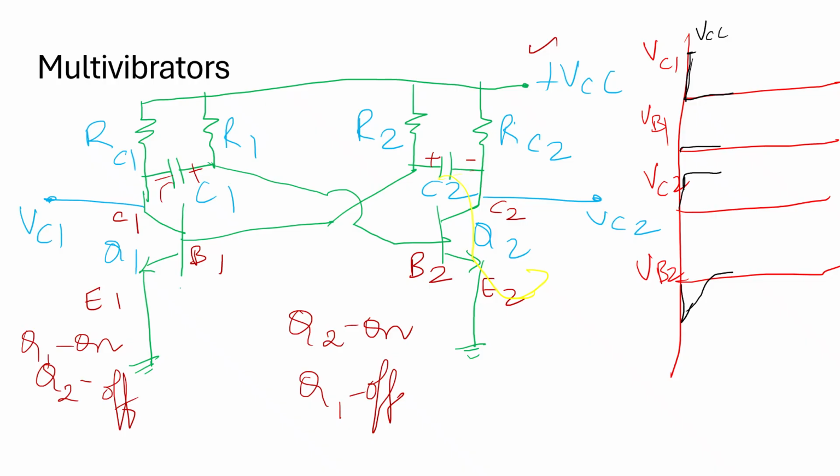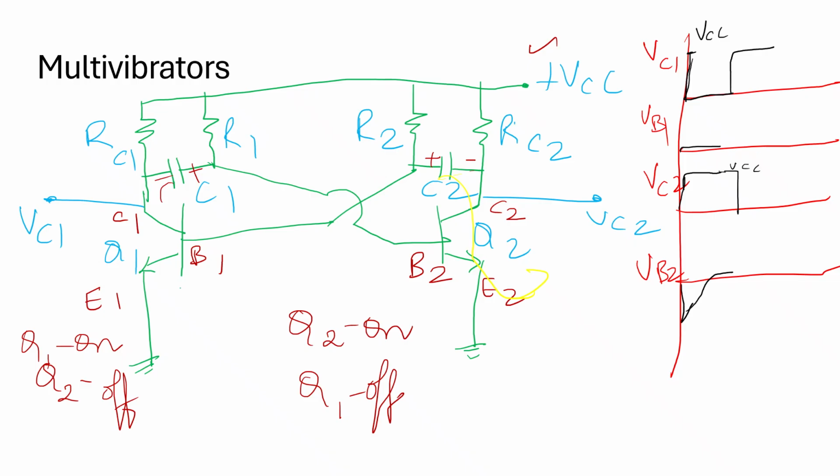So here, based on this, the coupling elements, the resistors R1 C2 and R2 C1, behave in such a way that the output voltage VC1 changes its state, that is, it starts charging when Q2 is on, and VC2 starts discharging, that is, it moves from VCC to 0.